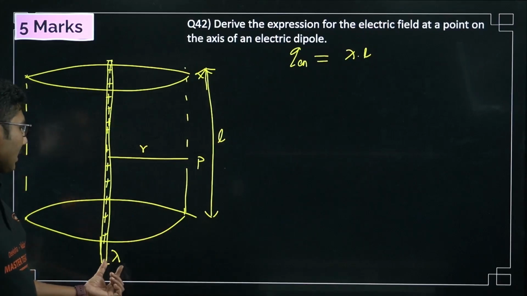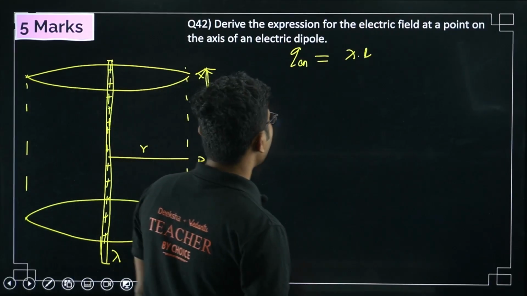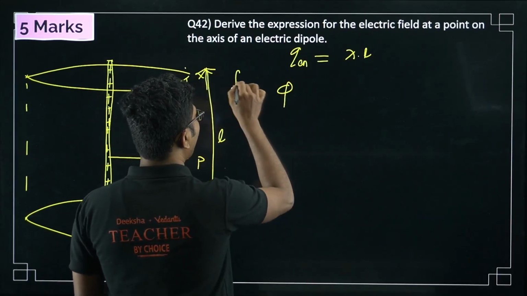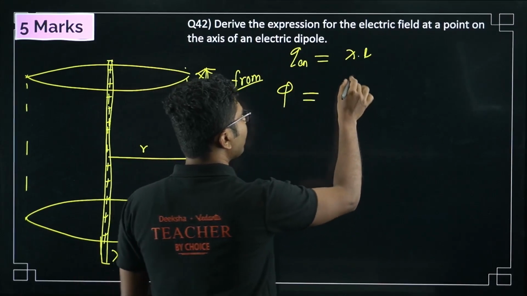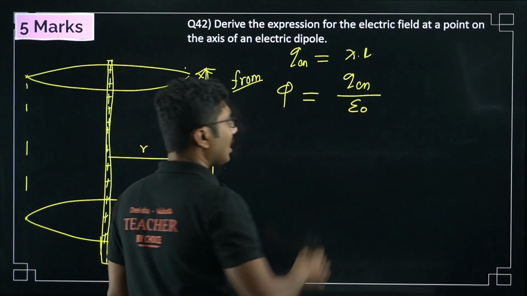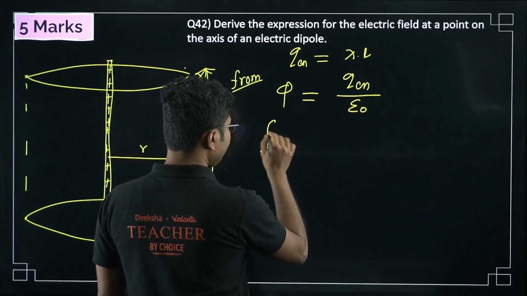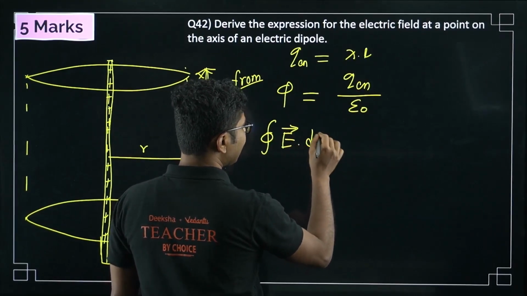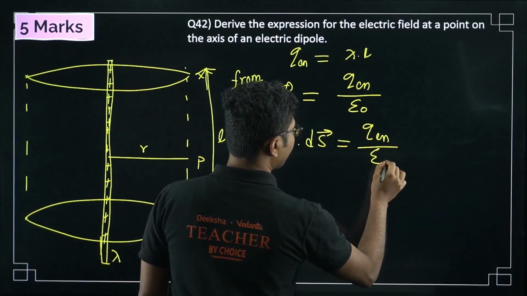This is the charge per unit length, this is the length, so the total charge is lambda into L. Now from Gauss's law, we can write phi equals Q enclosed by epsilon naught. Now what is the definition of electric flux? It is the integral of E dot ds equals Q enclosed by epsilon naught.